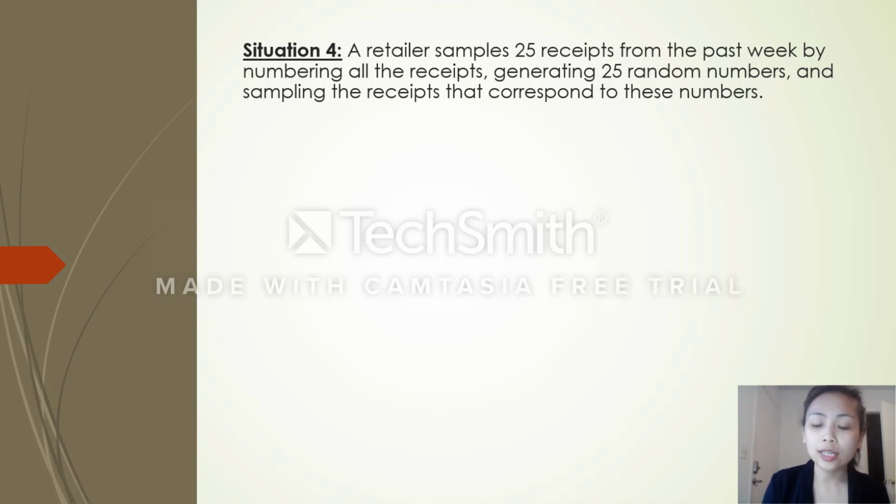So this sampling method guarantees randomness, and the chance of getting any number would be equally likely, and the chance of getting any group of 25 random numbers would be equally likely to be chosen. So this is an example of simple random sample.